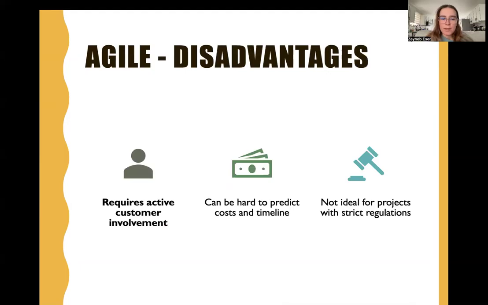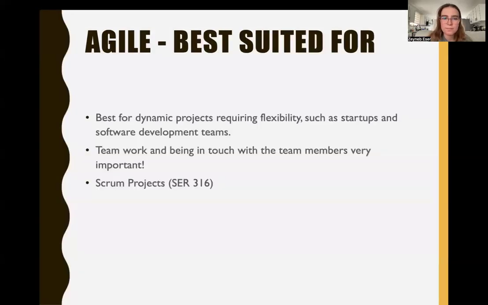With the disadvantages, it requires active customer involvement. It can be hard to predict cost and timeline sometimes, and it's not ideal for projects with strict regulations. Agile is best suited for dynamic projects requiring flexibility, such as startups and software development teams.